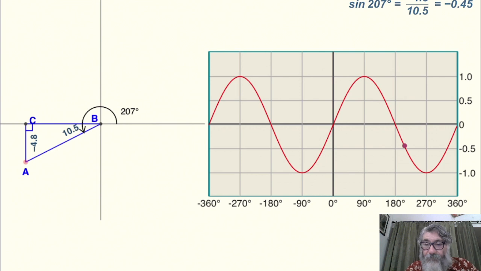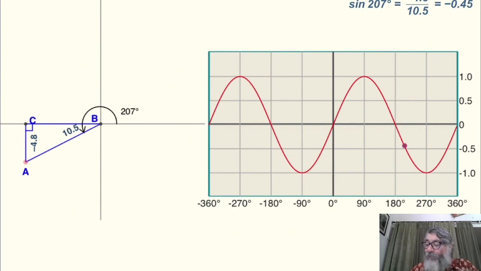But sin theta is perpendicular upon hypotenuse. Perpendicular is negative, hypotenuse is positive, so it will be negative. Cosec theta is reverse of sine, so it will be negative. Cos theta is base upon hypotenuse. Base is negative, hypotenuse is positive, so again negative. Cos is negative, so sec will be negative.